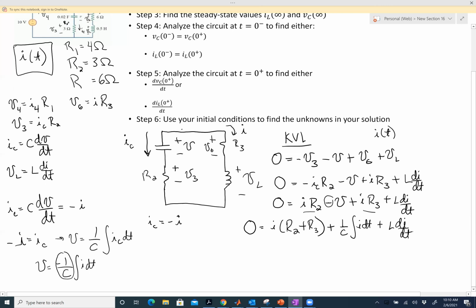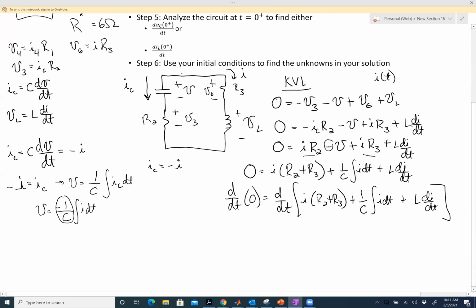At this point, I have to take the derivative of both sides. So the derivative of this side equals the derivative of this side: I times (R2 plus R3) plus 1 over C integral I dt plus L di/dt.